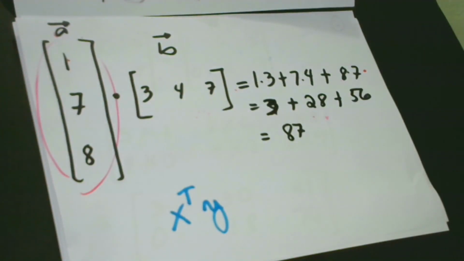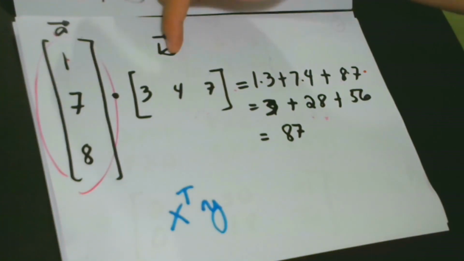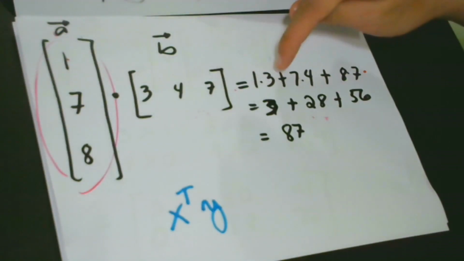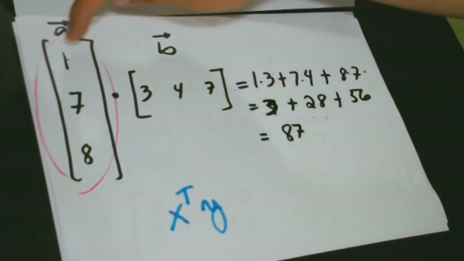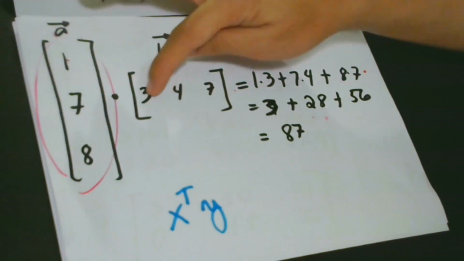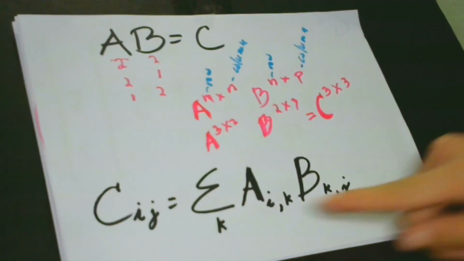So the first value of A is multiplied to the first value of B, which is in this case 3. So 1 times 3. 1 here is the i of A and 3 is the j of B. Let's go back first. Remember this one?